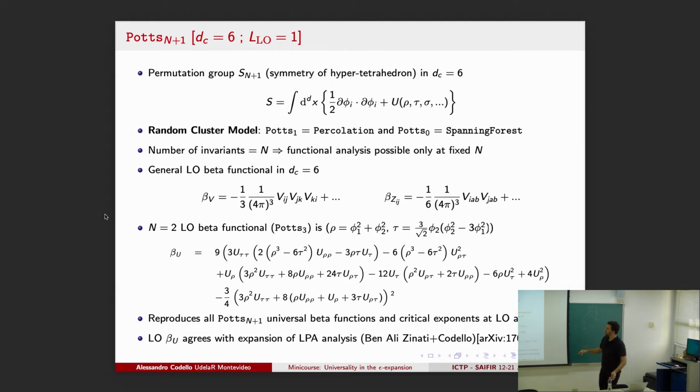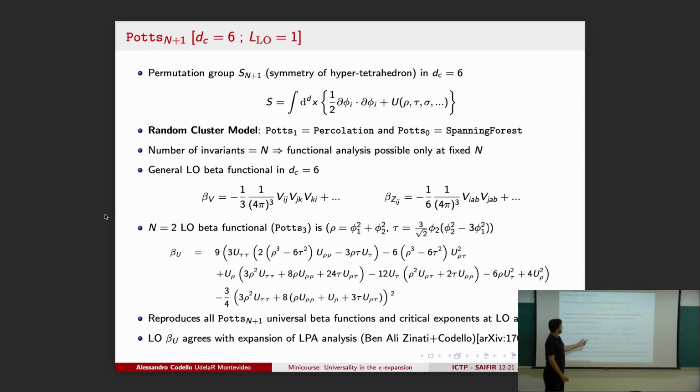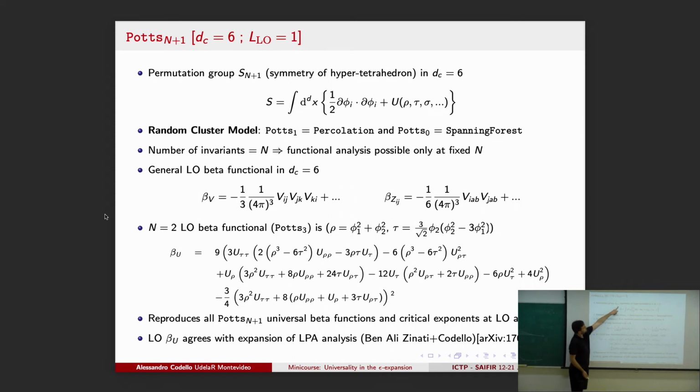Okay, and so this is the kind of thing that we're going to do. But before that, the first kind of symmetry that exists for every N is the permutation group symmetry. So we have N fields, and the symmetry is the permutation group, for example, S3.